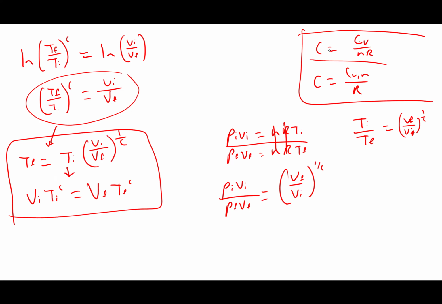And if we rearranged all of that, it's going to be annoying, then we would have PI over PF times VI over VF to the 1 over C plus 1 power. Kind of annoying. And all that would equal 1. That's just an algebraic rearrangement. Doesn't look very pretty, but this is the end result. I'm not going to go through all the algebra because I don't care all that much about it.